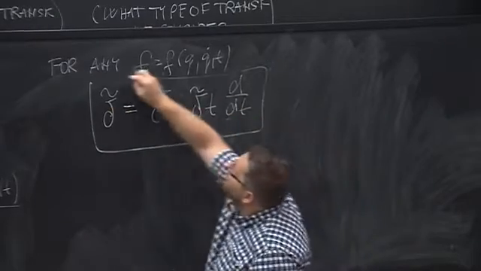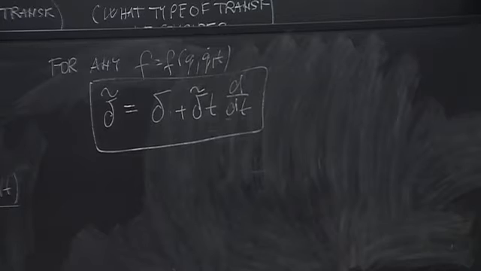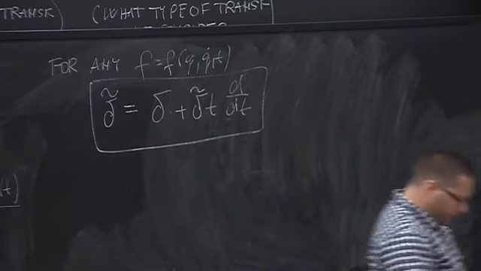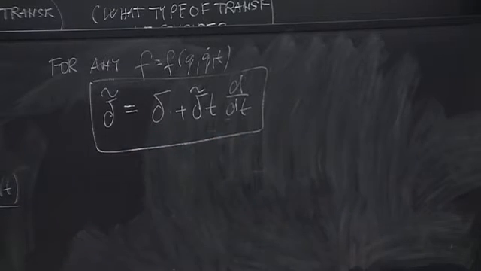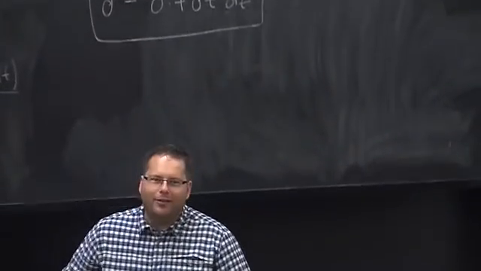That's an identity which is valid for any function. I derived it for the function equal to q, so I have delta plus delta tilde t d over dt, and I'm just stripping off this result of q of t. That's the relationship between delta tilde and delta. Once we have that, the proof is simple. Are there any questions on this?